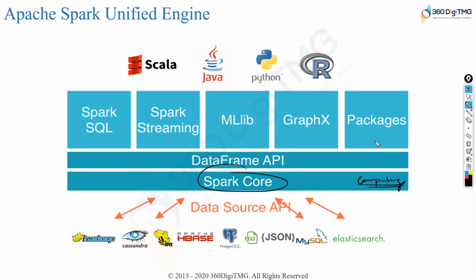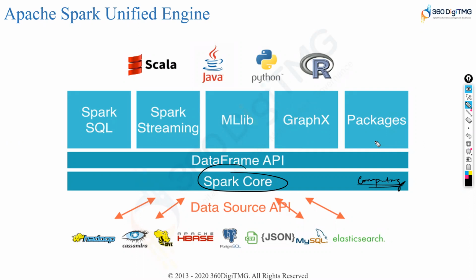So you can see Spark understands how to read the data from various software: SQL, NoSQL databases, physical files, big data platforms, all these. So that's about your Spark core component. Now Spark core does a lot of things. We'll discuss each component in detail in the next slides.